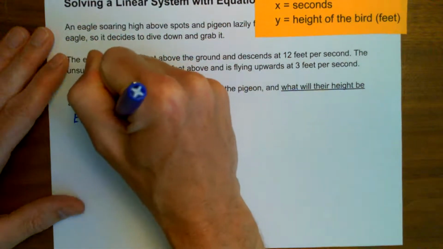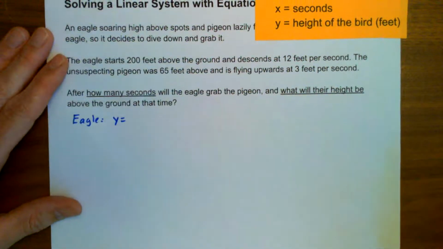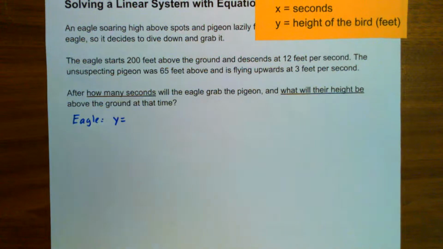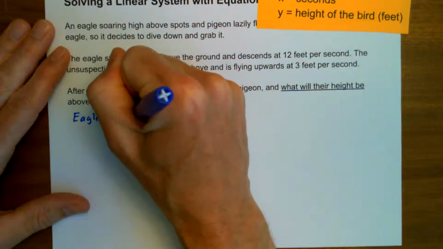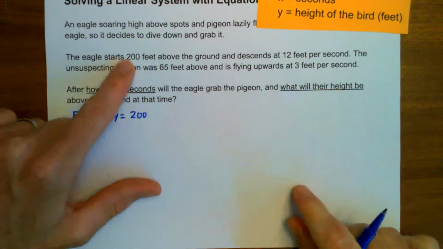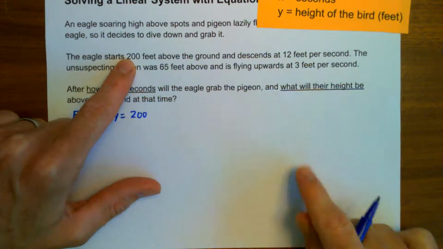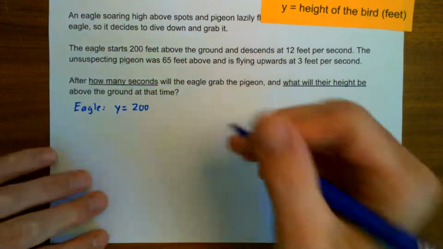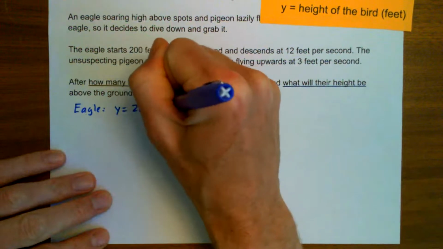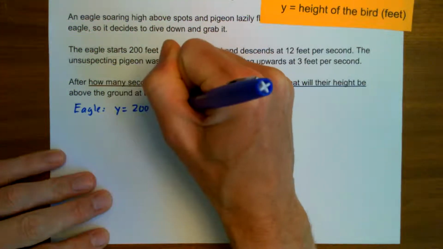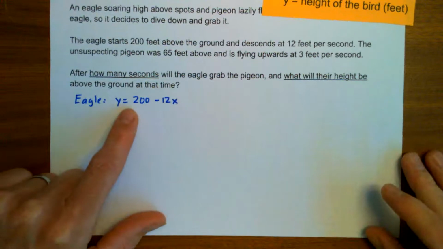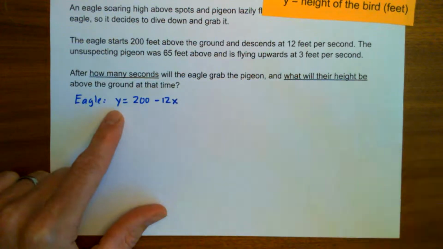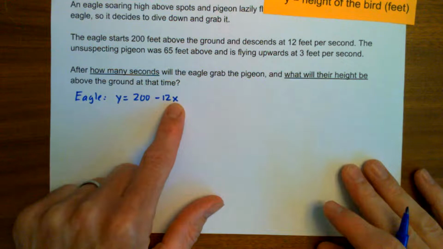So its height y is going to be equal to the starting height of 200 feet. Starts at 200 feet. And it's going to descend. It's flying down at 12 feet per second, multiplied by the number of seconds. So there's our equation that will determine the height of the eagle at any time, x.